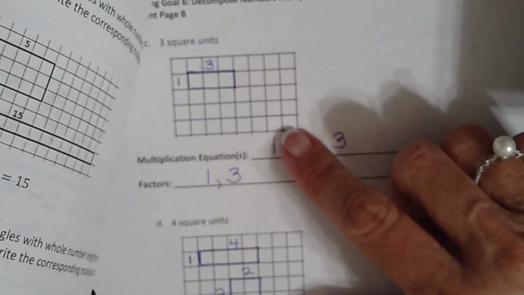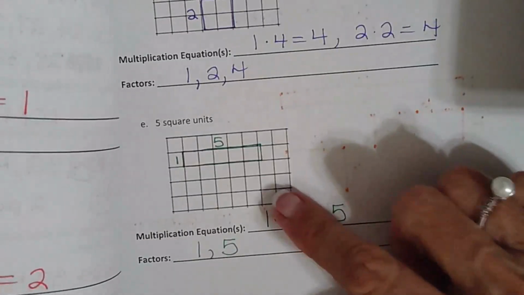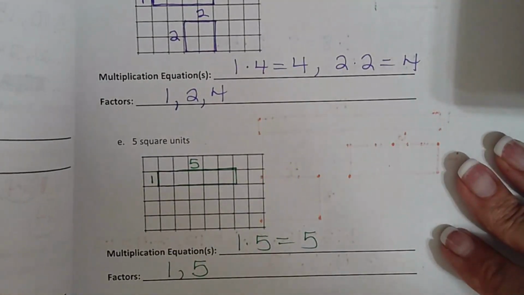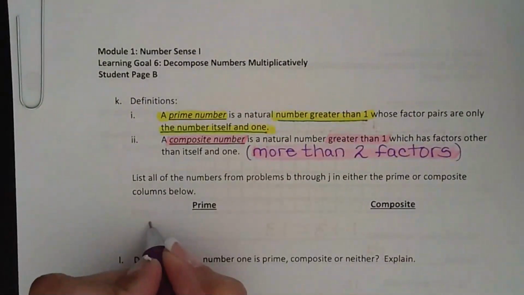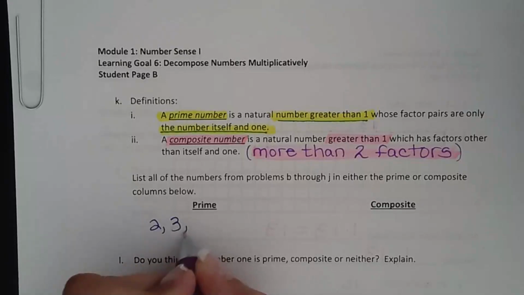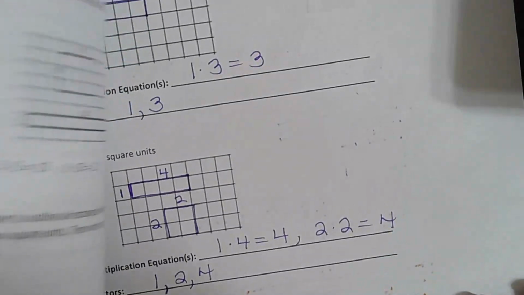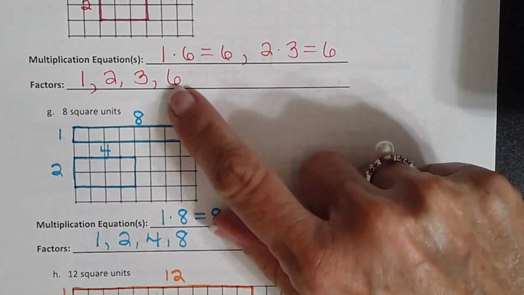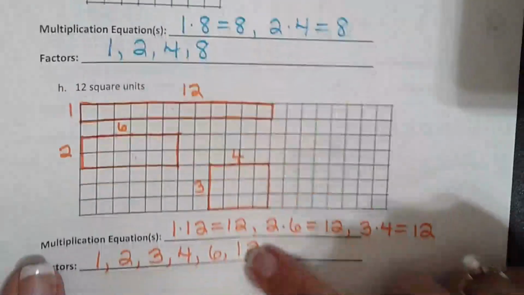So 2 was prime, 2 factors. 3 was prime, 2 factors. 5 was prime, 2 factors. So let's write those first ones down. 2, 3, 5 in the prime section. And then on the back, more than 2, more than 2, more than 2.